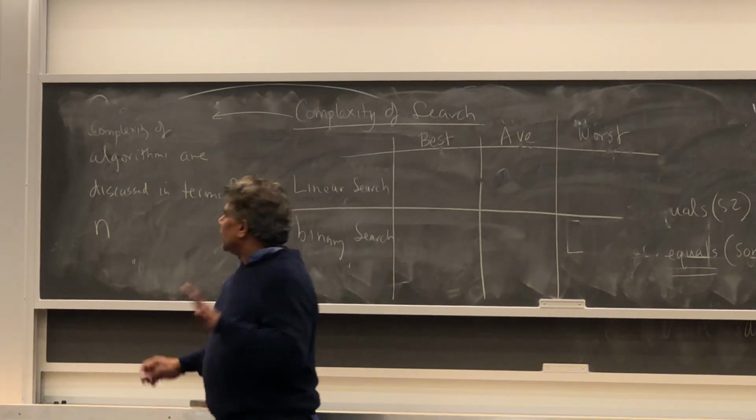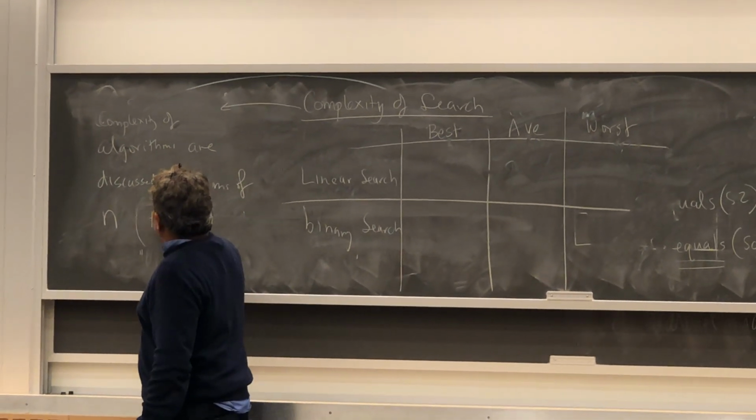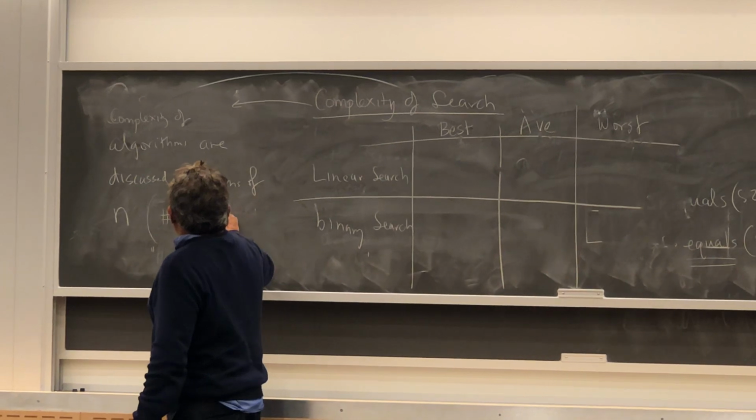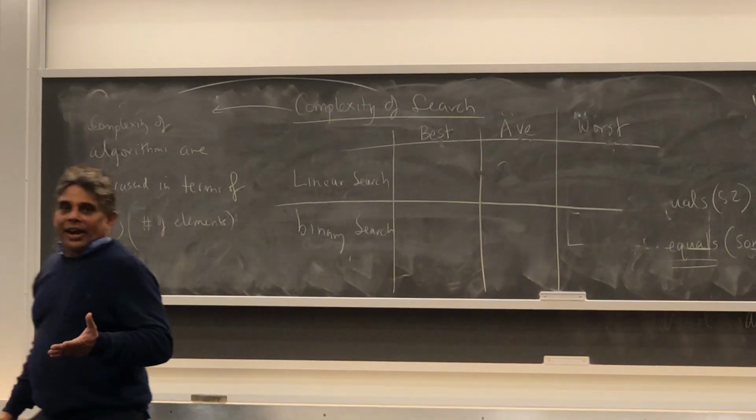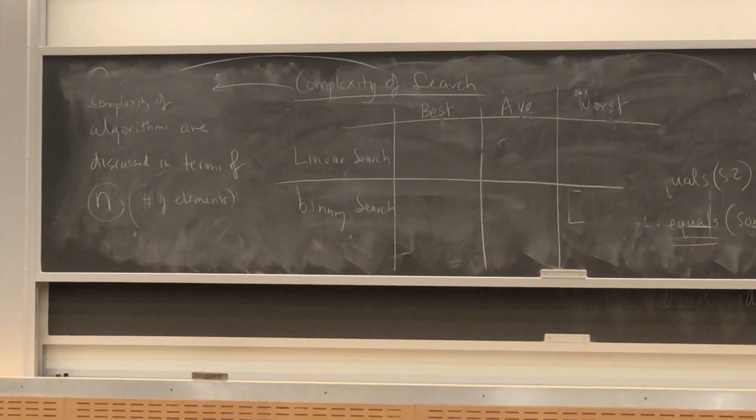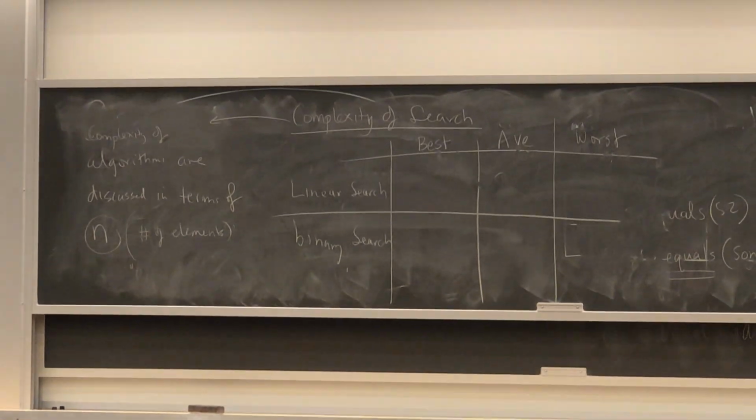N is the number of elements that you have to process. This n also can be the size of the array, a dot length, something like that, right? So that's the discussion.